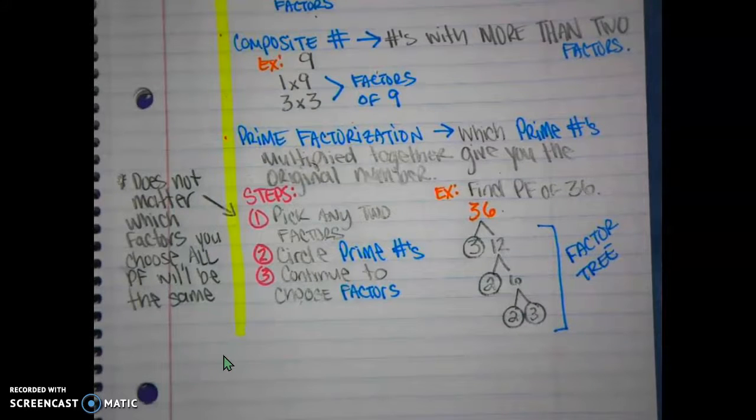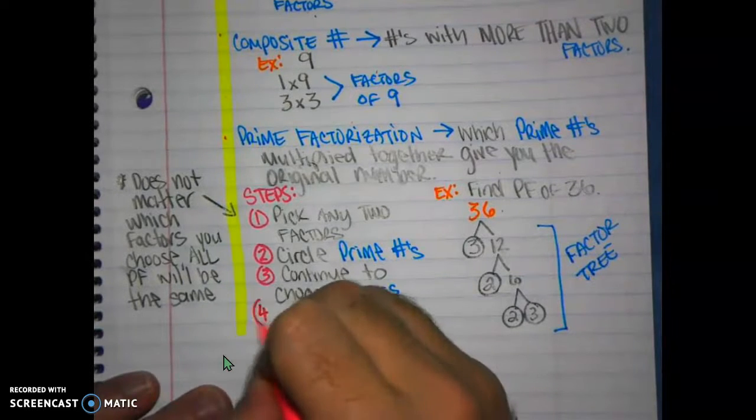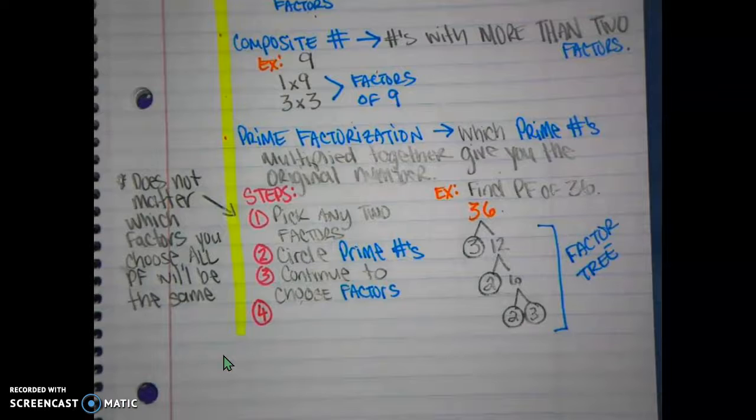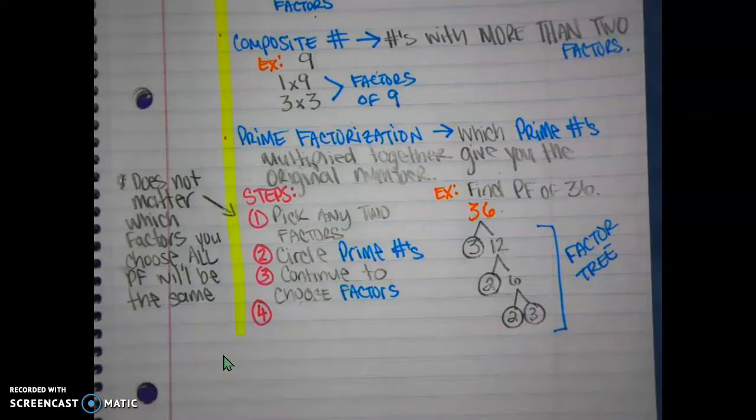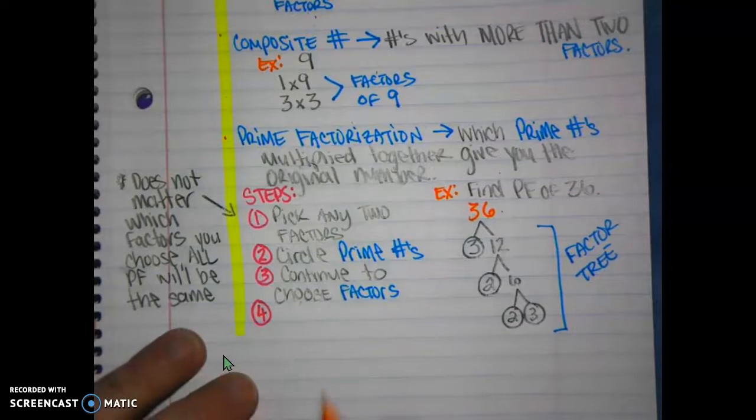Now the last step to finding the prime factorization of a number is to take all the numbers you've circled and multiply them together. Put them in an expression where they're showing multiplication, in order from least to greatest.